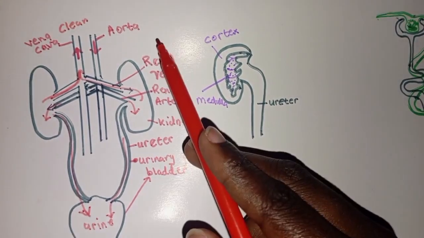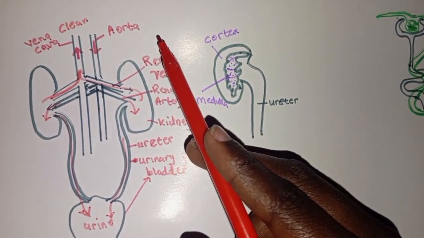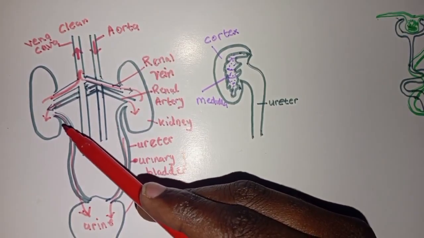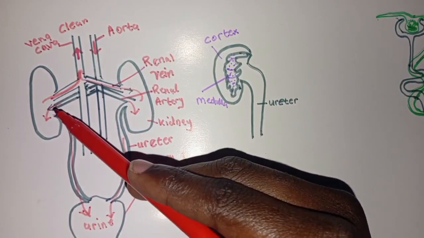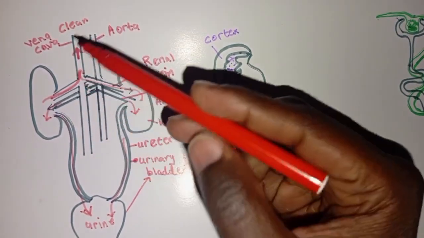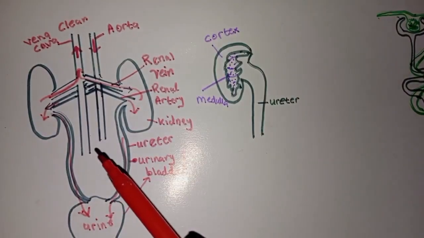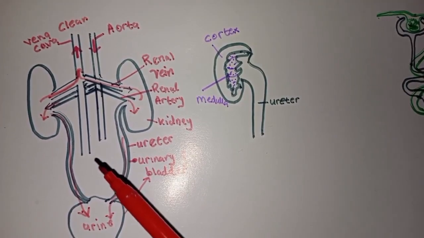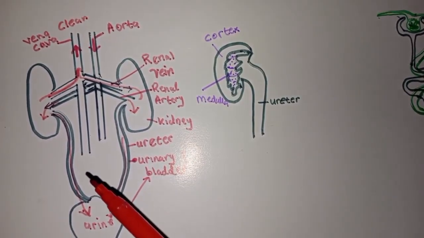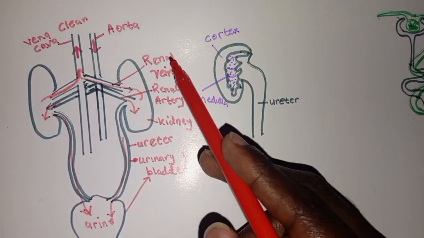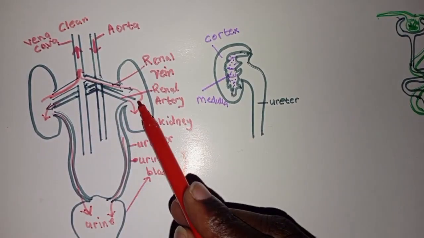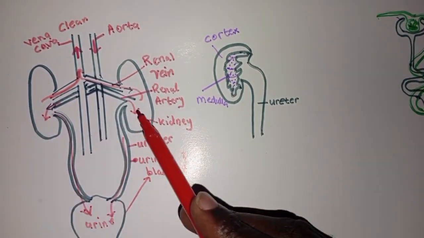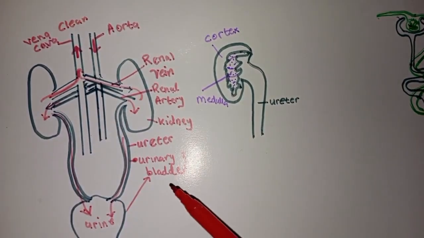So that's the function of the aorta. Secondly, you have the vena cava. It carries deoxygenated blood from the body to the heart. So this blood goes back to the heart. If you know blood circulation, you understand how this works. And then you have the renal vein, which brings in blood to the kidneys, and the renal artery takes it back through the vena cava.